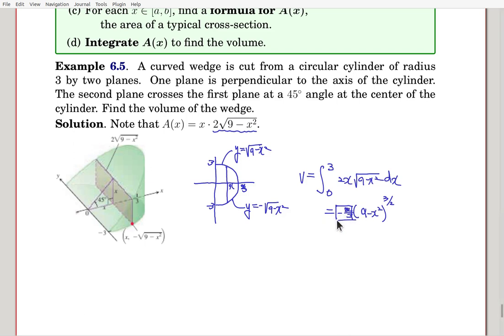The coefficient must be minus 2 over 3, evaluated from 0 to 3. So you can get the solution: 2 over 3 times 27, so that 18 is the final answer.